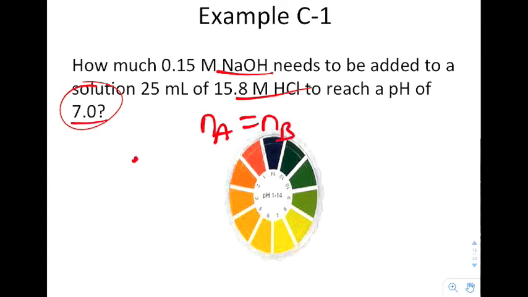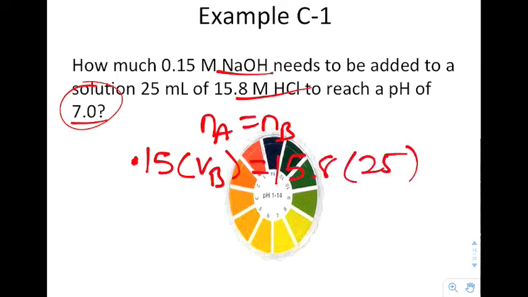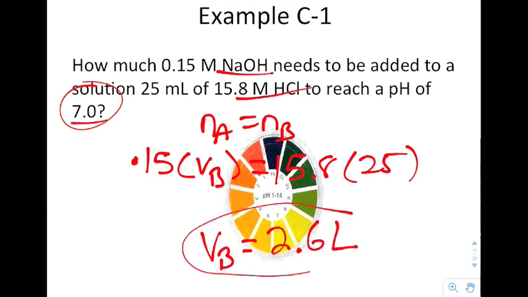So 0.15 times VB is equal to 15.8 times 25, and then you can solve from there. In the calculator, 15.8 times 25 gives you something like 395, which you divide by 0.15. You end up getting a rather large number. So the volume of base necessary would be roughly 2,600 mL, or 2.6 liters.